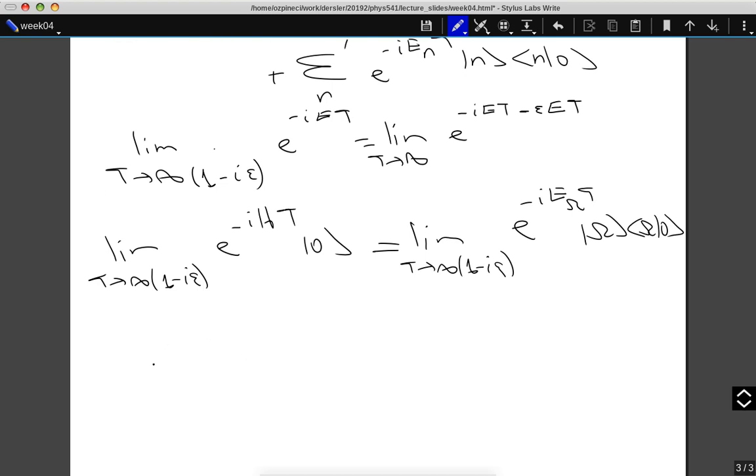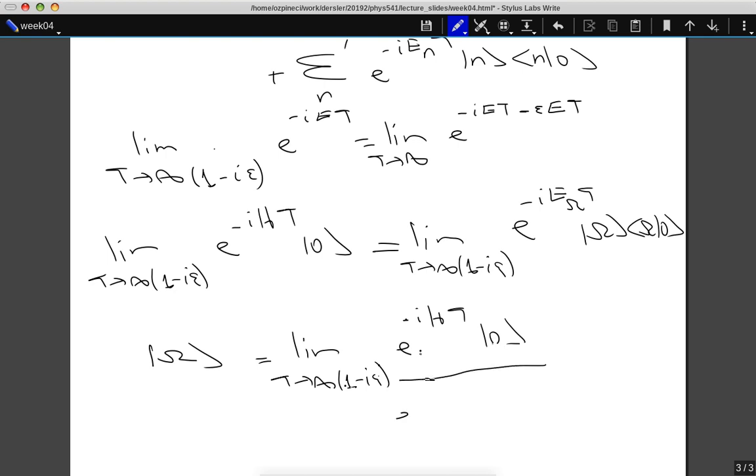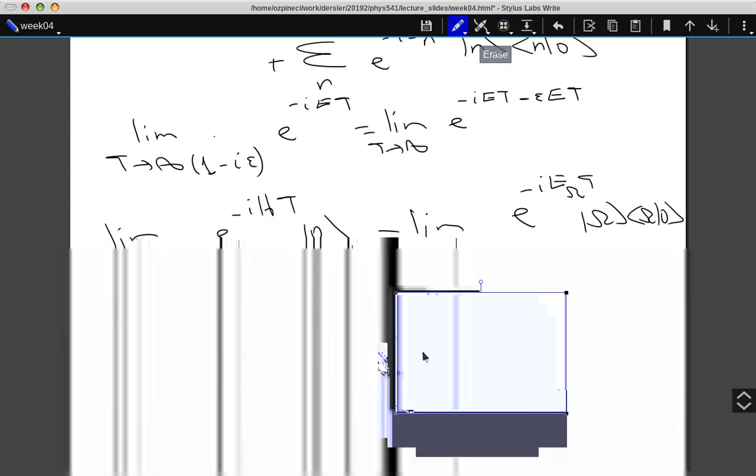Or, the ground state is actually equal to this one, the limit as t goes to infinity of 1 minus i epsilon, e to the power minus i H of t 0 divided by e to the power minus i E omega of t. This is the ground state of the full theory.